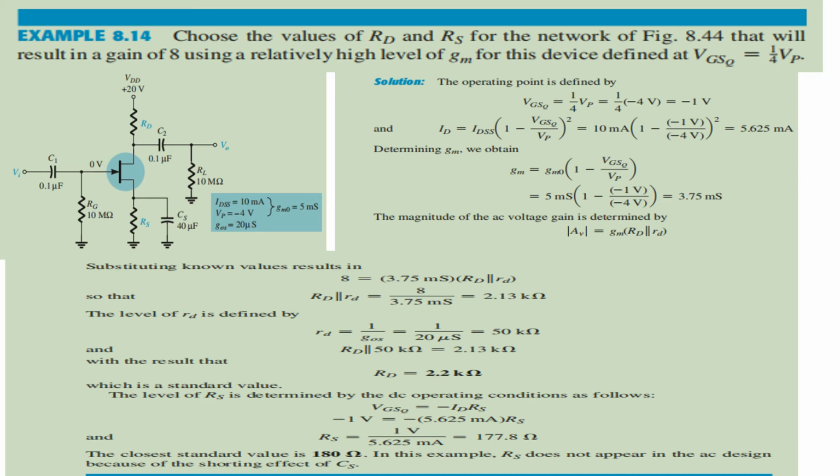So you are going to analyze this given circuit and find out the AC parameters like input impedance, output impedance, and the voltage gain. So first perform the DC analysis to find out the operating point Q, which is done in these steps.